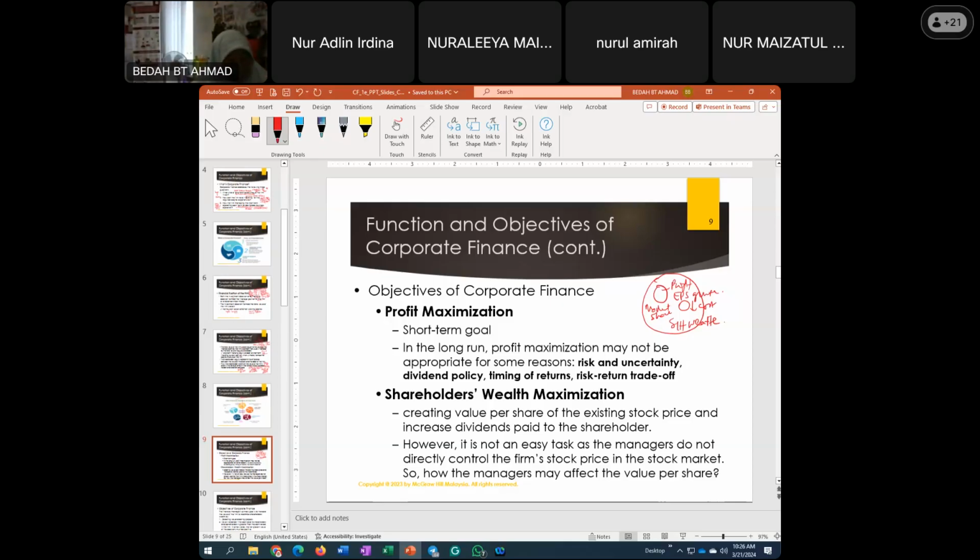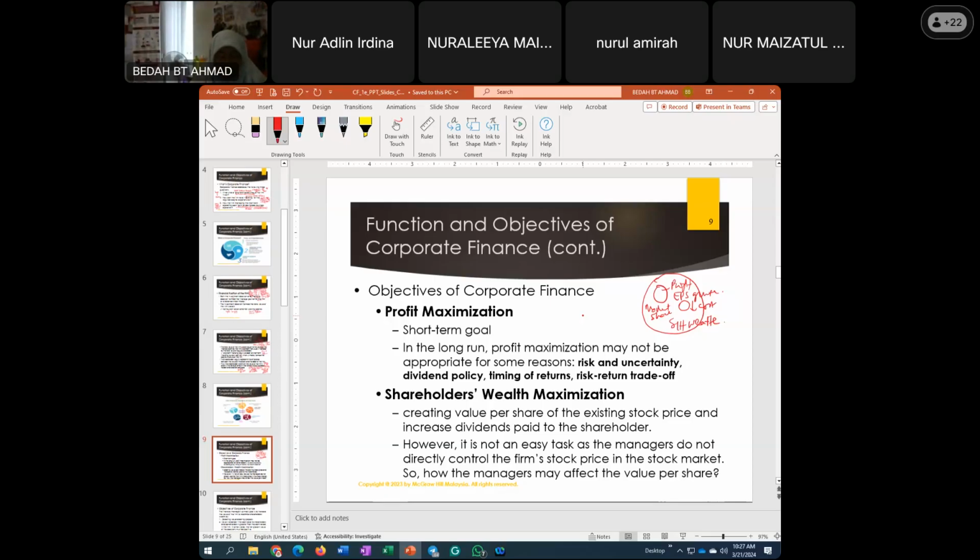So what is the meaning of this? You need to read the textbook, chapter 1, page 5. Okay, profit maximization is basically not appropriate for the long term because it does not consider risk and uncertainty. Meaning that profit maximization fails to recognize risk and uncertainty associated with a certain project.